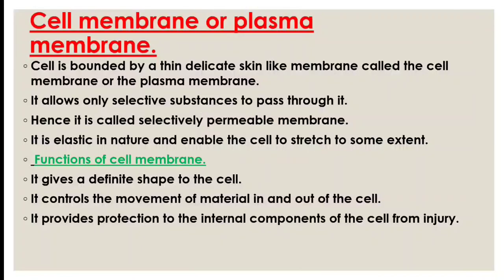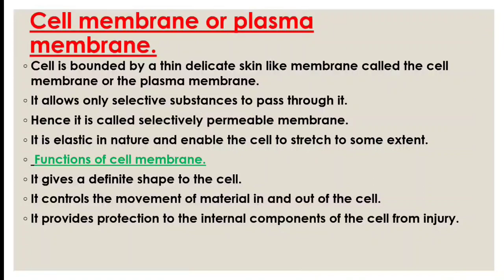It controls the movement of material in and out of the cell. Second function is that it controls movement of material. What material is going inside the cell and what material is coming outside the cell is controlled by cell membrane or plasma membrane.